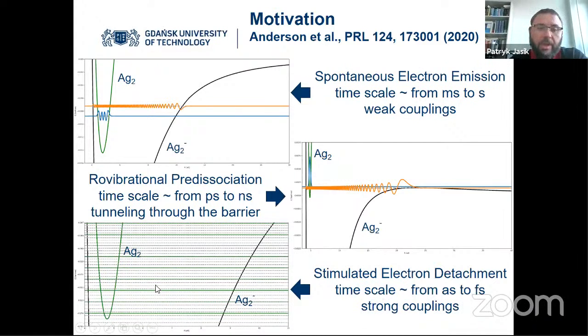You can see here that the vibrational levels of the neutral molecule are in the soup of many vibrational levels of Ag2-. So if we couple these, we will be able to show the dynamics on a very small scale.